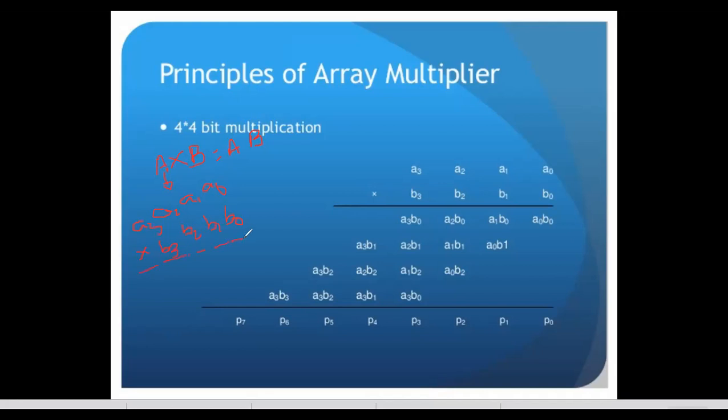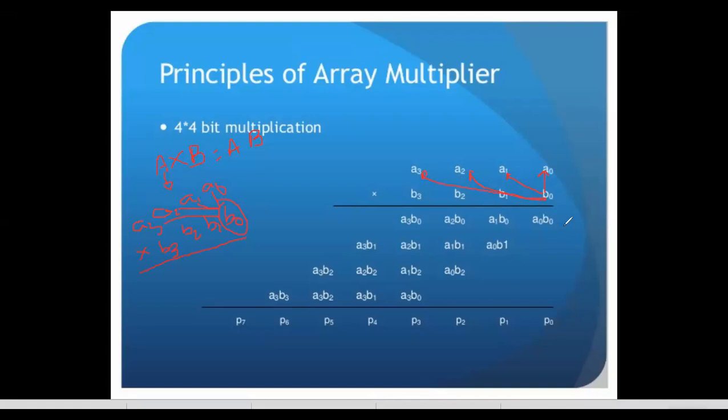Already you know that. Say the first bit of the multiplicand is B0. B0 has to be multiplied with A0, B0 with A1, B0 with A2 and B0 with A3. That is, B0 to A0, B0 to A1, B0 to A2 and B0 to A3.